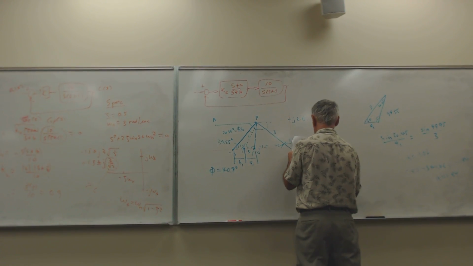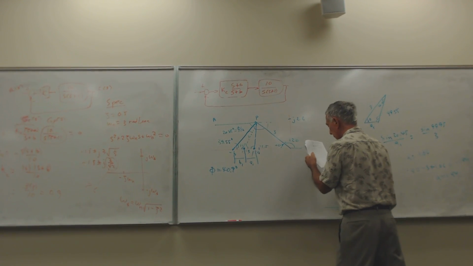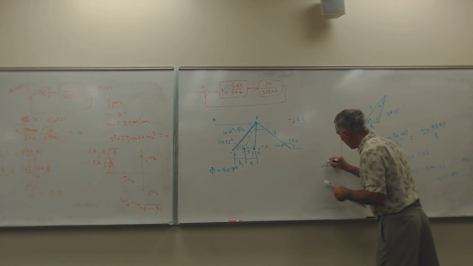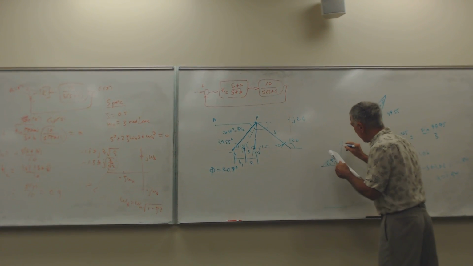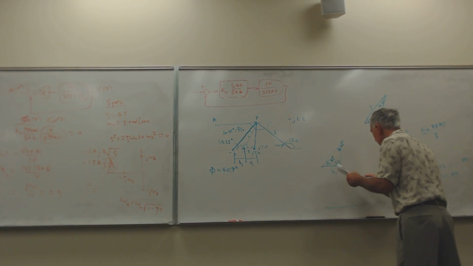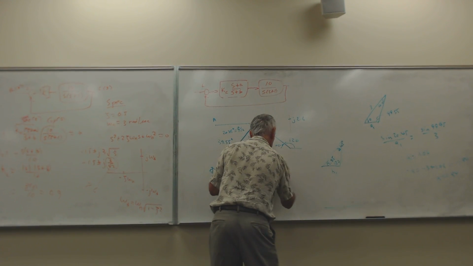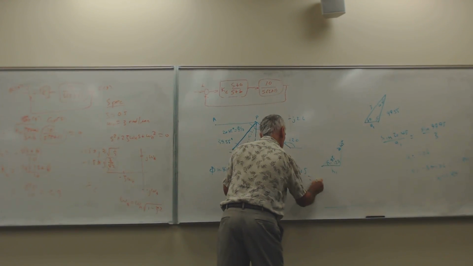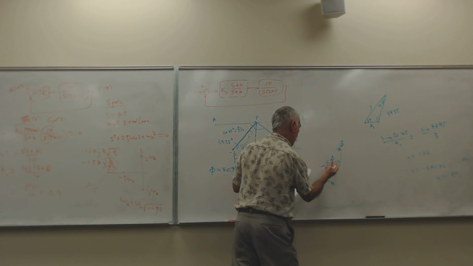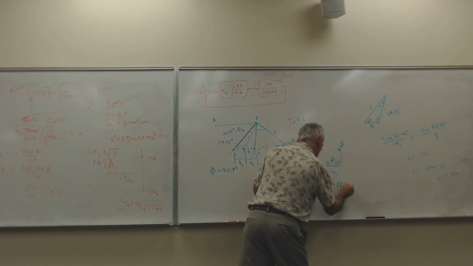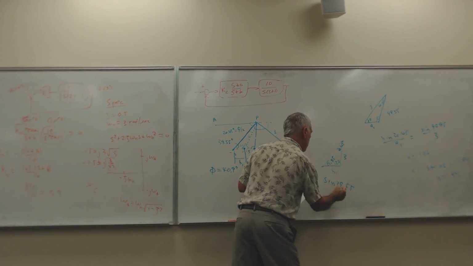In other words, this one here, where this is 120, this is 39.55, and this is that 20.45. And we want to find that B1. So you apply the law of sines again: the sine of 20.45 is to B1 as the sine of 39.55 is to 3, because this is 3 here.